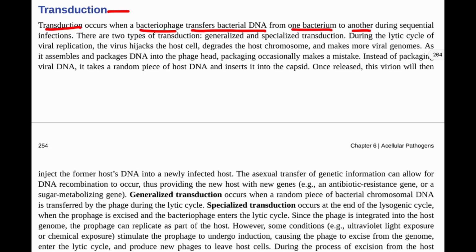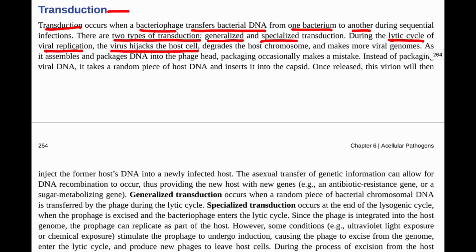So during the lytic cycle, okay, this is when it's virulent, during the lytic cycle of viral replication, again, the virus is going to hijack the host cell, so it's going to take over its machinery so it can make copies of itself. Remember, it also degrades the host genome, or degrades the host chromosome, and then makes more viral genomes.